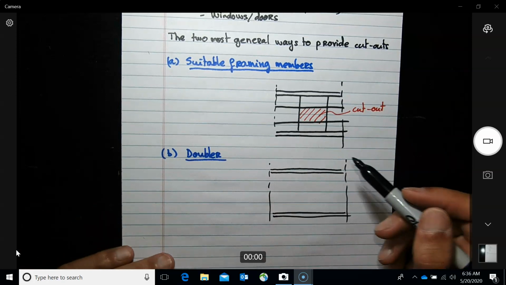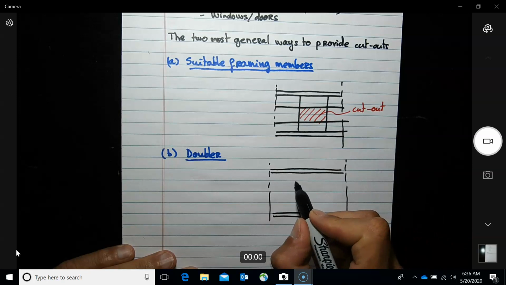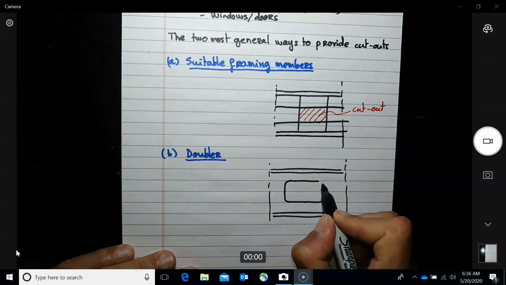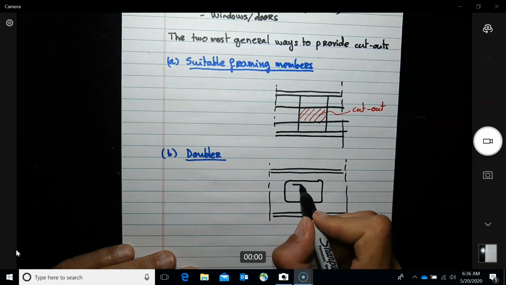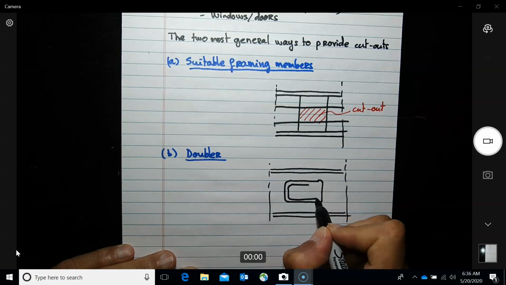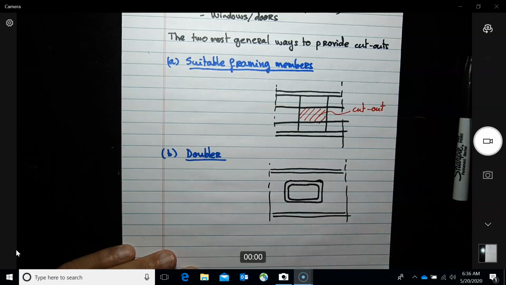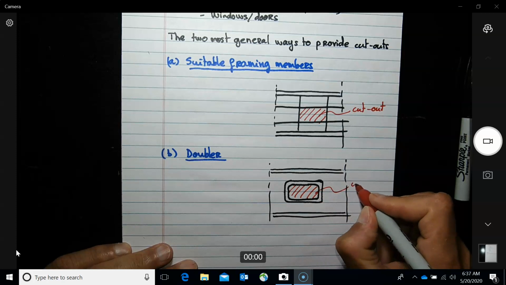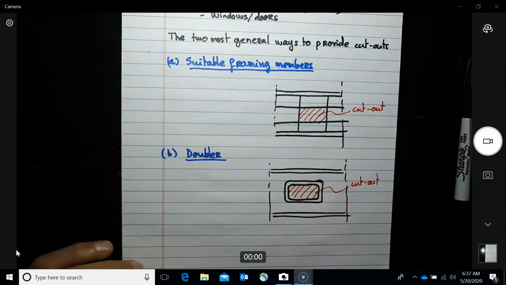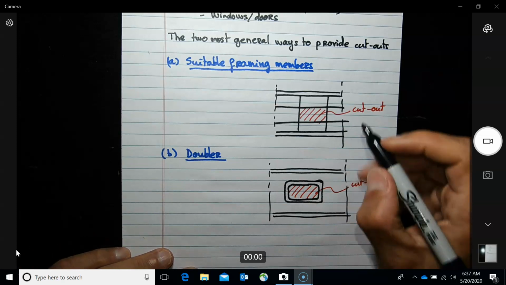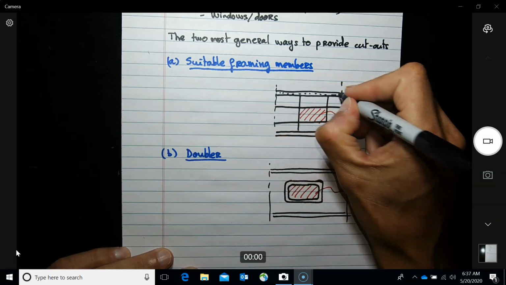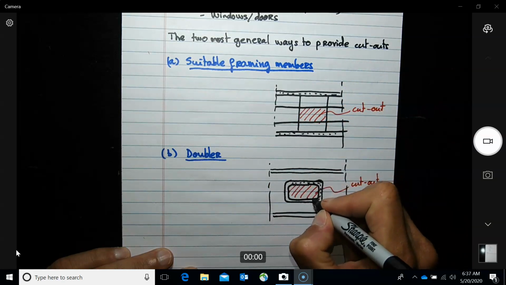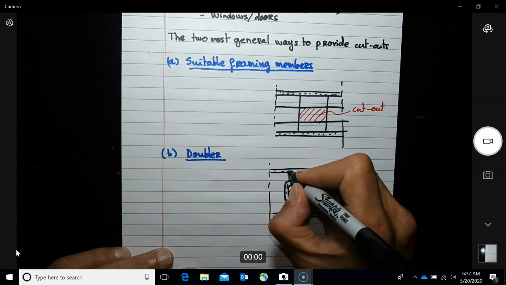So let's say maybe there is not much loading, so what you can do is just to create here a cutout. You just add around your cutout additional material. So let's say this is the stiffener over here. This would be like rivets, so you can put another structure here with rivets to reinforce the area of the cut.